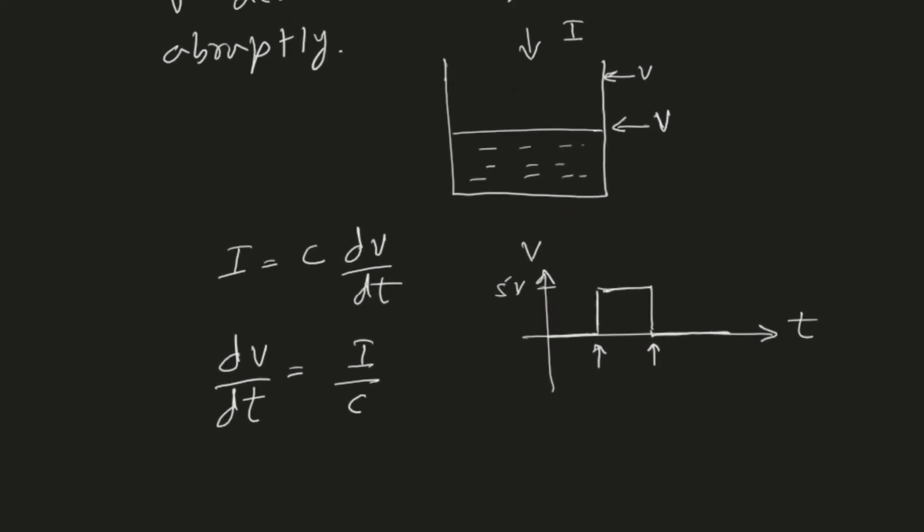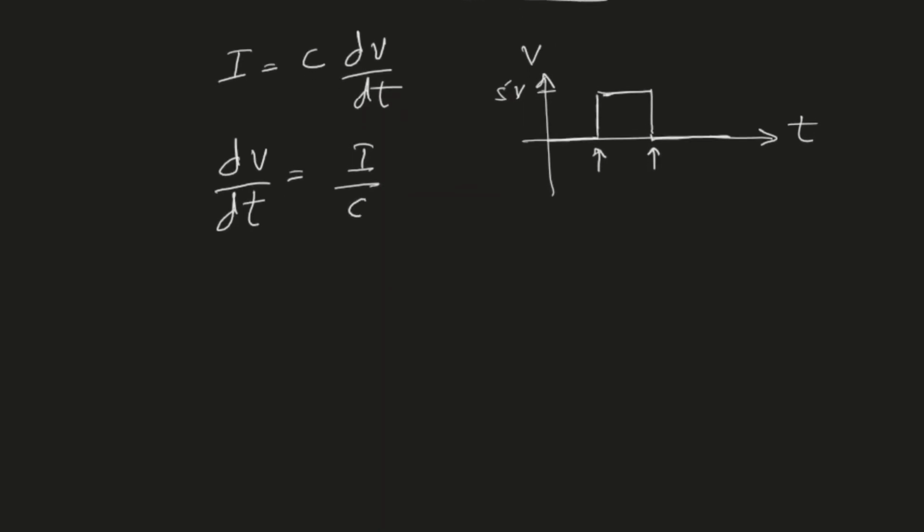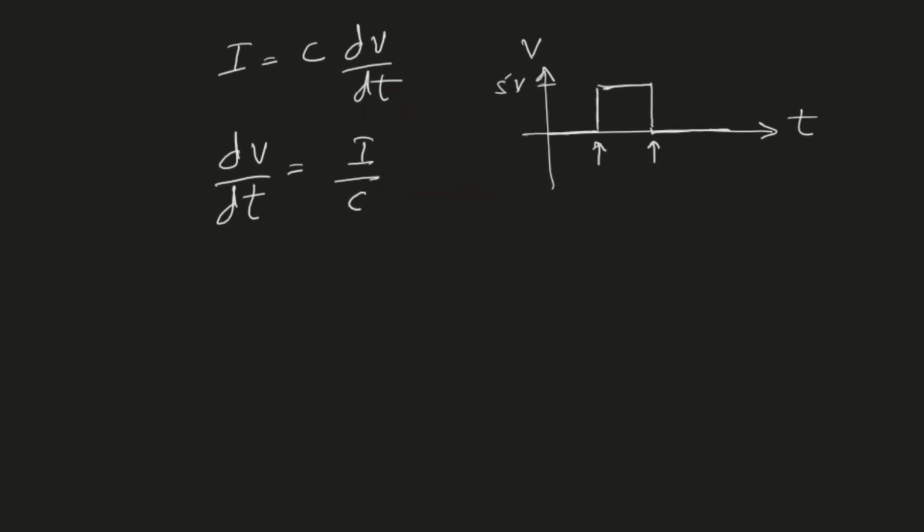We want to understand why a capacitor will not allow this. We discussed this a little bit in the form of a bucket of water, which is a convenient analogy between the two. But let's now look at this equation and see if it will allow us to do this kind of abrupt change. I want to see how much dV by dt is for this abrupt change to occur. Let's say the time in which the voltage increased from 0 to 5 volts is a very short period of time.